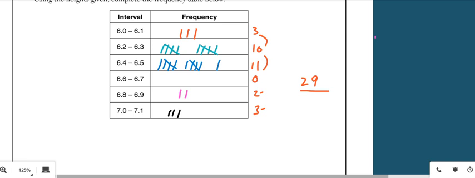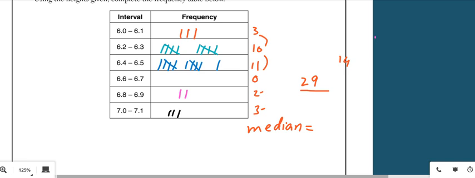So the median is the middle term, and the middle term will be 14, because on the left of 14 we have 13 values, and on the right, 13. We have 14 values on the right side and 14 on the left side.